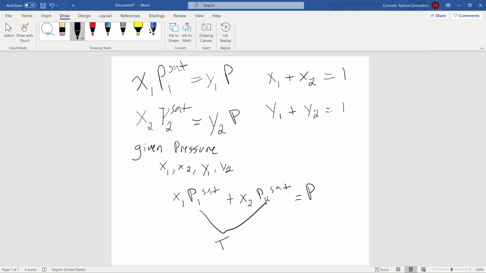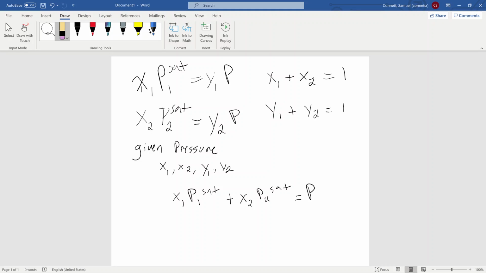In order to solve this equation, we would need to continuously plug in numbers for our temperature that would make this equation true. To do that, you'd need some sort of solver, like in Python or something. So that is our bubble temperature calculation.